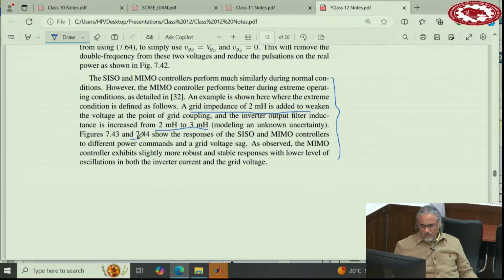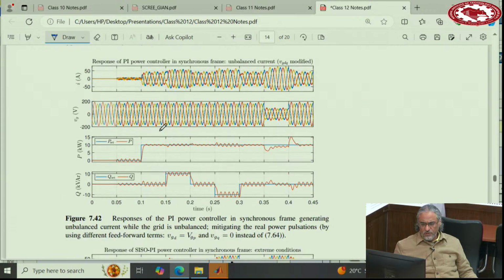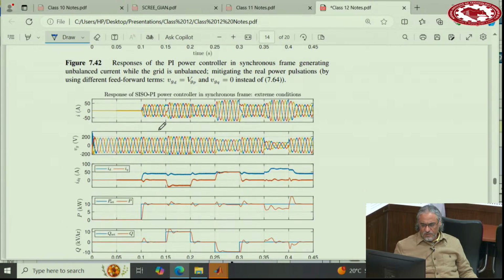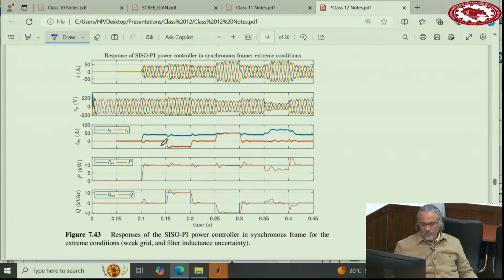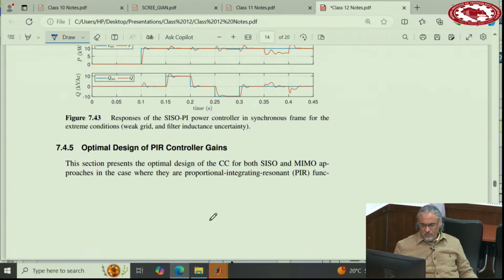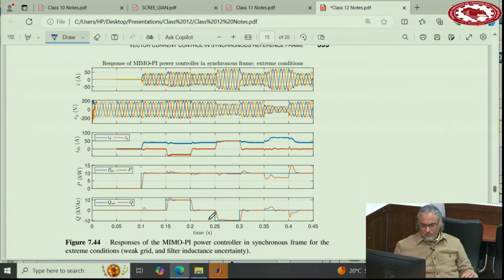And now figures 43 and 44. This is for the CISO, and this is for MIMO. I wish I had them on one page, but I will go back and forth a couple of times on this one and the other one, so try to keep it in your mind.